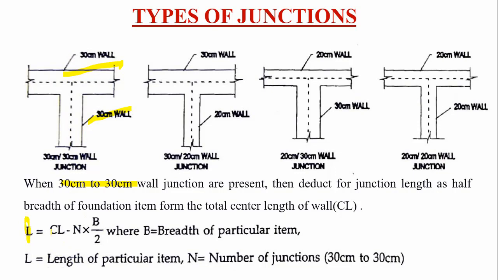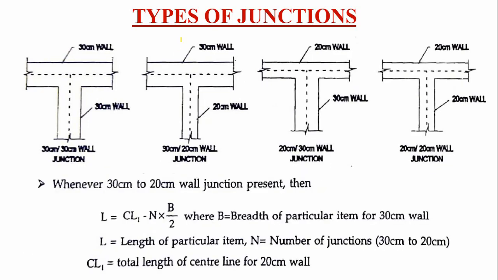That formula will remain the same, that is center to center length minus n into b divided by 2, where n is nothing but the number of junctions. So here we will have one junction into width of the item divided by 2. So what is the width of the item? Width of this 30 centimeter wall, divided by 2, right?